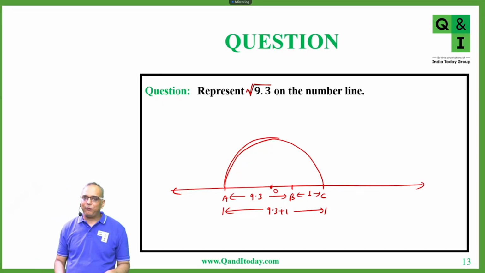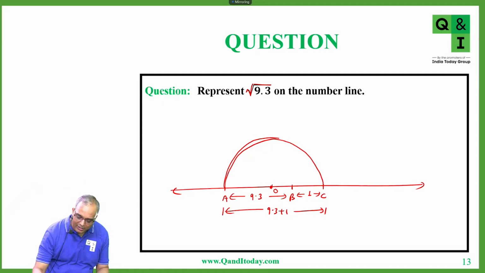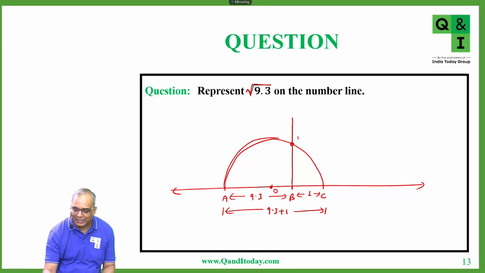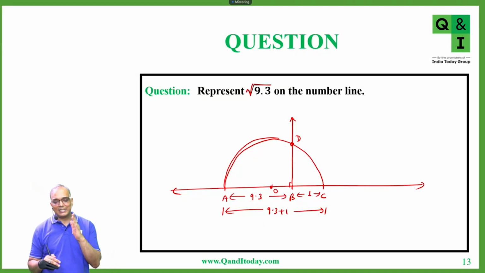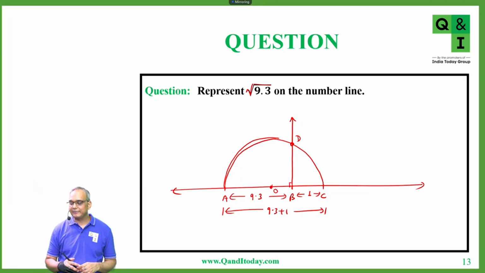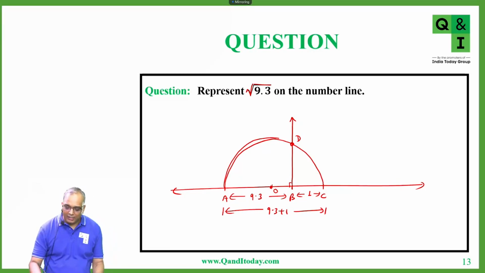Now next step, we draw a perpendicular at B on the number line which cuts the semicircle at some point D. Right? Now this length BD is actually square root of 9.3.